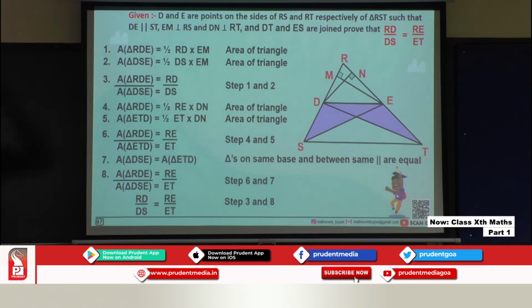So first the head triangle, then the other triangles, areas that I'm going to take, divide them, and I will come to step number 3. Then again I go back to the head, the big triangle, and then the other side of the triangle, right? So that will be my next step. So step 4 and 5 will be over there. Step 6 is nothing but division of those two steps.